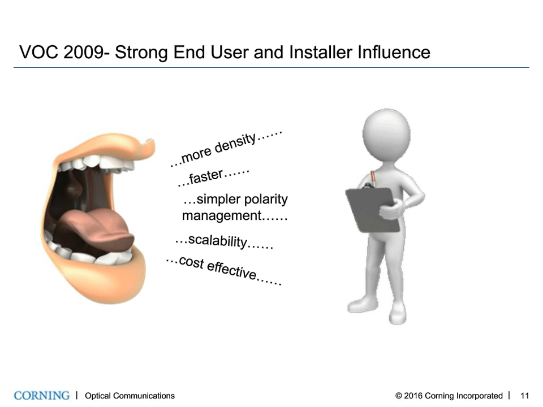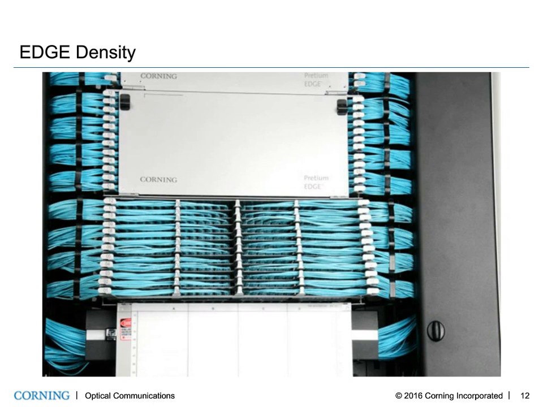There's things that could be done here if you were willing to design a solution from scratch. So what resulted was we challenged the engineers: end users clearly want more density, installers clearly want more usability and faster deployments.